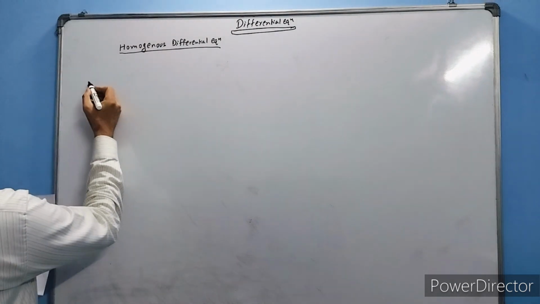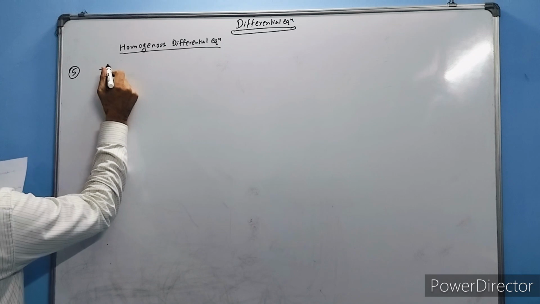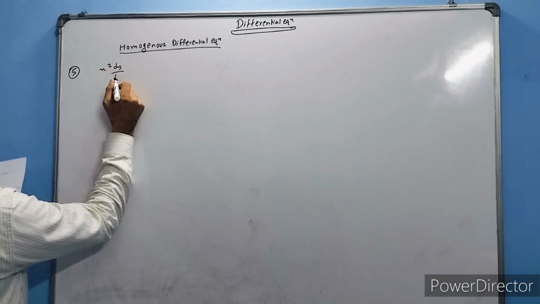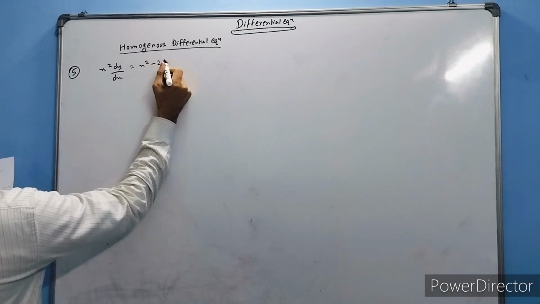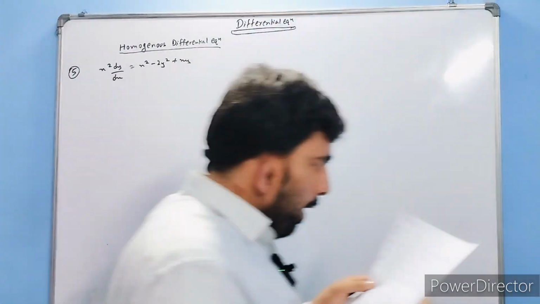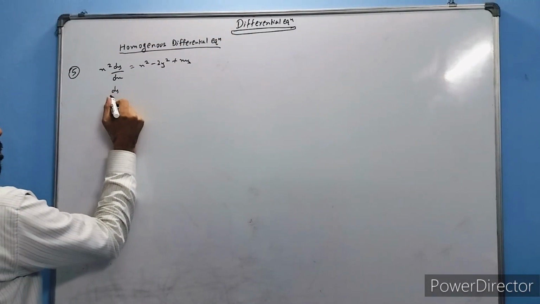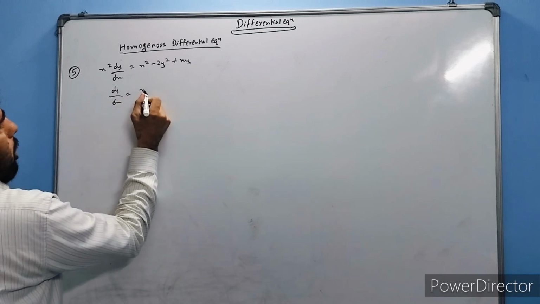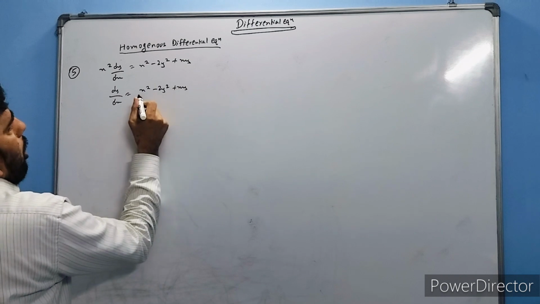Now they have given the fifth question, that is x square dy upon dx is equal to x square minus 2y square plus xy. Okay, so let us see whether it is homogeneous or not. dy upon dx is equal to (x square minus 2y square plus xy) upon x square.